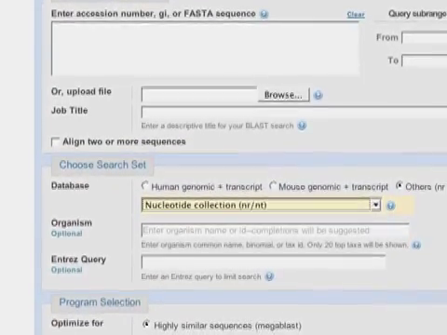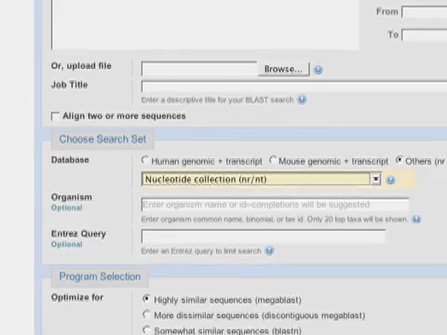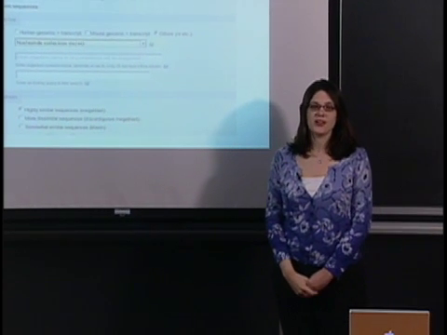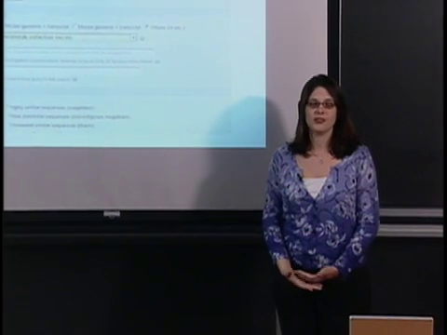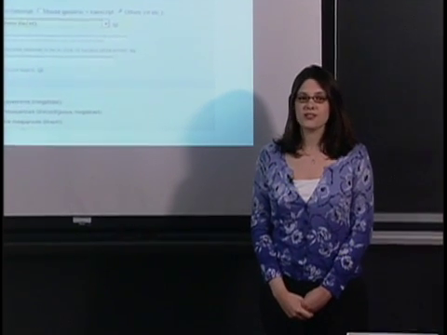And then you're searching the database of all known DNA sequences. This is just like doing a Google search, for instance, where you type in a word and you hit the Google button and you find all sorts of different matches to your search. The only difference is that what you're searching for is a DNA sequence, and so the database you search is of all known DNA sequences. What you get as a result of this search is shown on my next slide.